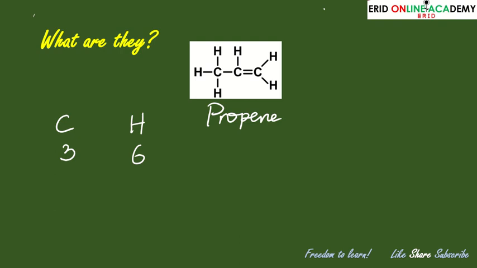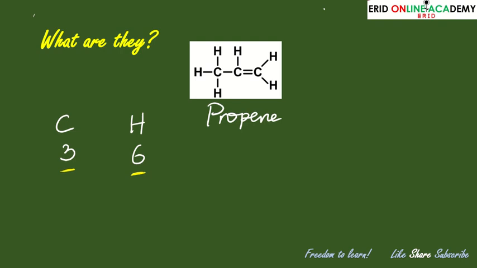We can tell the types of atoms that this compound propane contains: carbon and hydrogen. We can also tell that this compound consists of 3 carbon atoms and 6 hydrogen atoms.